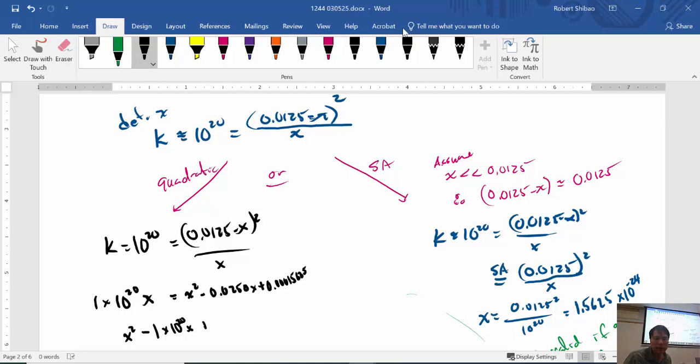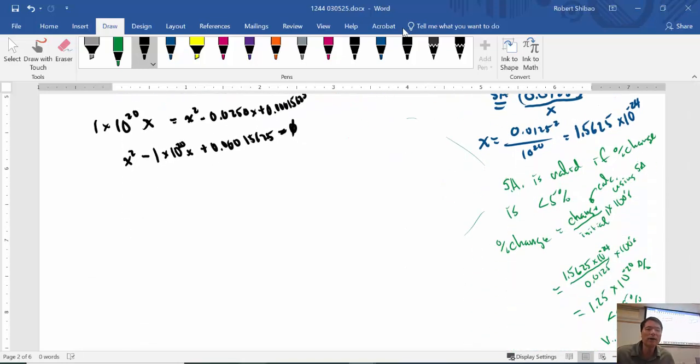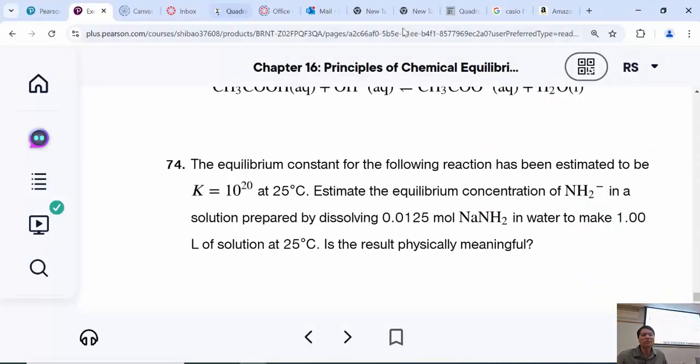And then this is going to be plus 0.000015625 is equal to 0. Now, I don't like to do the quadratic by hand. So this is why I mentioned to get the calculator. And so I'm going to try it here and see if my online version works this time.